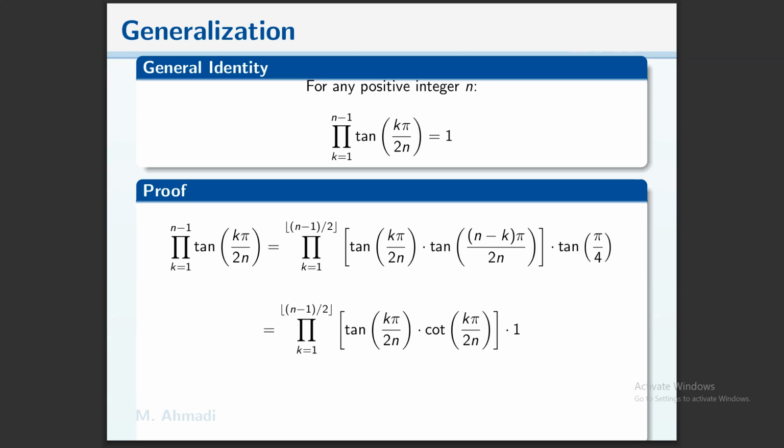And then we can rewrite it as the product for k from 1 to n minus 1 divided by 2 of tangent of k pi divided by 2n multiplied by cotangent of k pi divided by 2n, multiplied by 1. We know the inside of the bracket is equal to 1, so the product for k from 1 to n minus 1 divided by 2 of 1 multiplied by 1 is equal to 1.